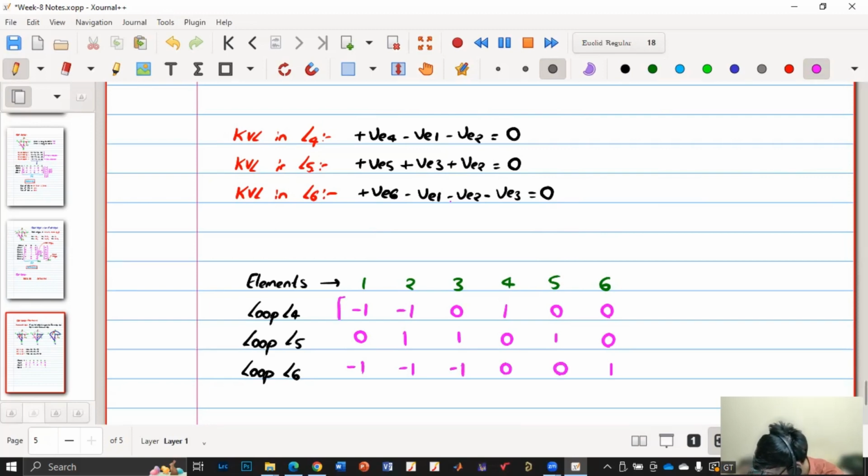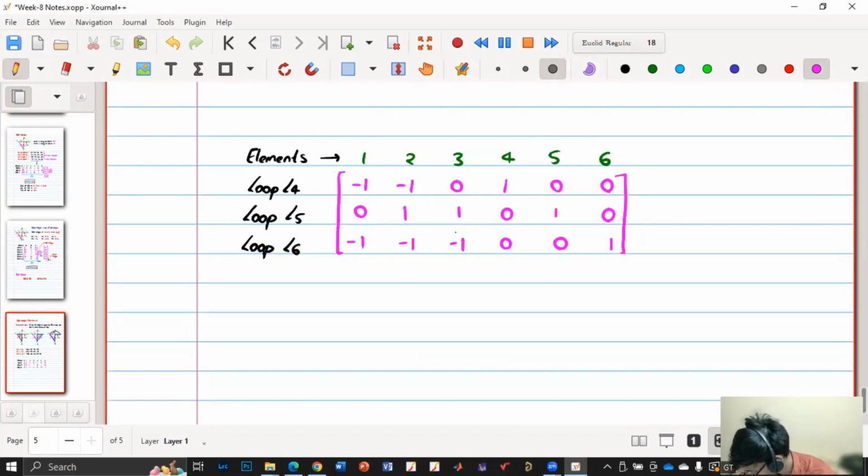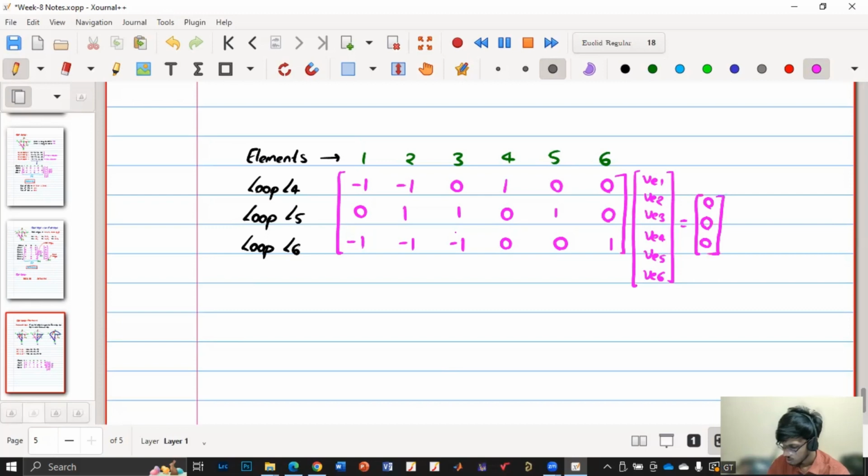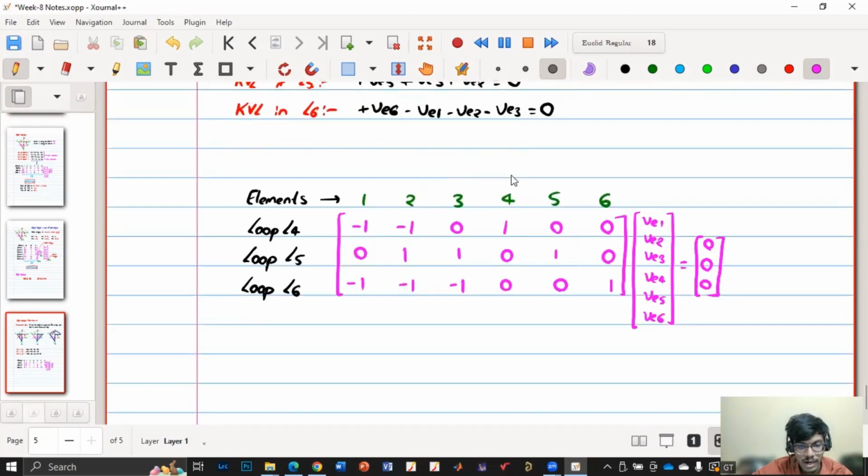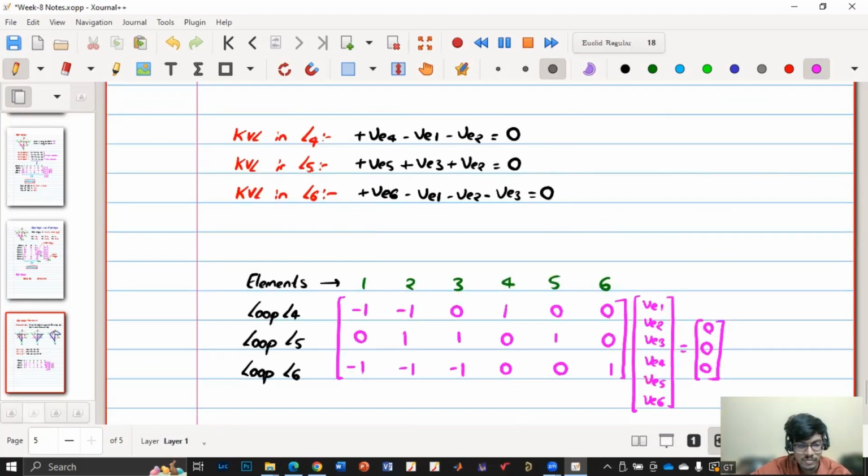So this is multiplied by VE1, VE2, VE3, VE4, VE5, VE6 to give 0, 0, 0. Got it? How we are getting the matrix? We are just writing this matrix into element voltages is equal to 0.